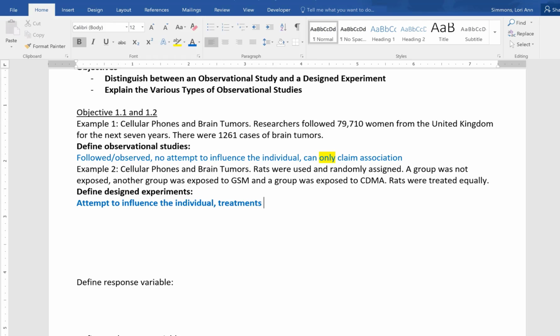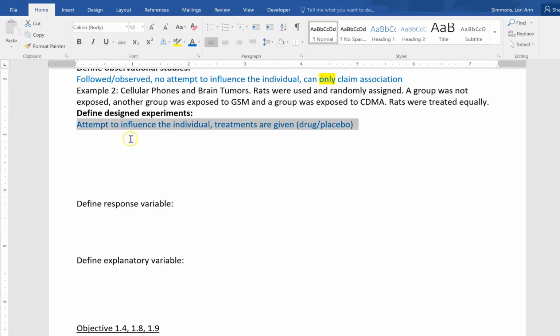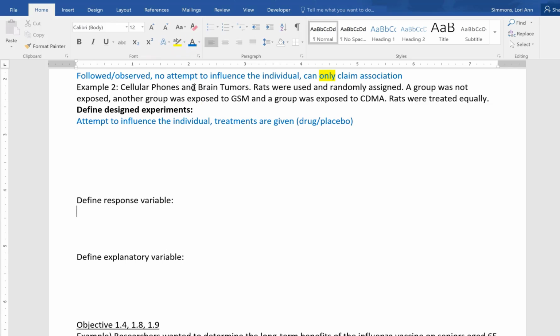There are treatments that are given, such as a drug or a placebo. Next, we will go on to what a response variable is. It is the dependent variable, so that means it depends.